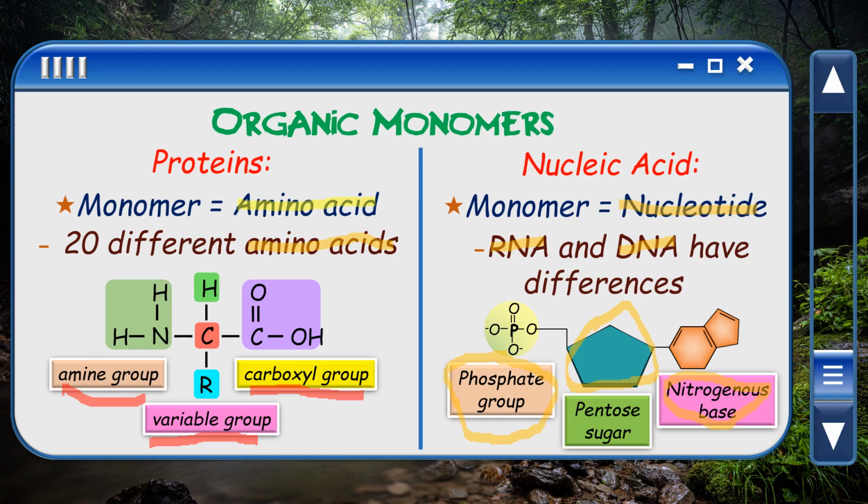A pentose sugar connected to a nitrogenous base and connected to a phosphate group forms what we call a nucleotide, which forms a nucleic acid.